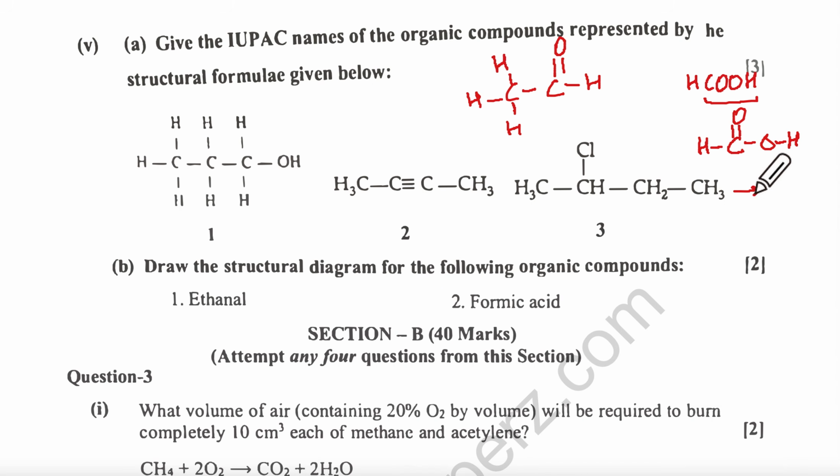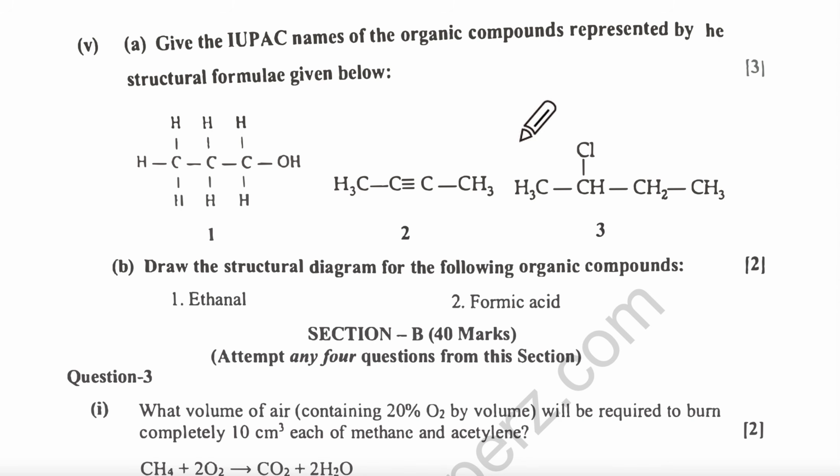What is the IUPAC name? 1 carbon means meth. Methanoic acid. Formic is the common name, no? What was this ethanol? What would have been the common name of it?